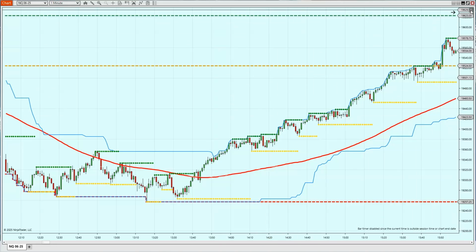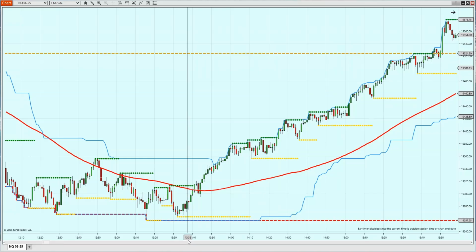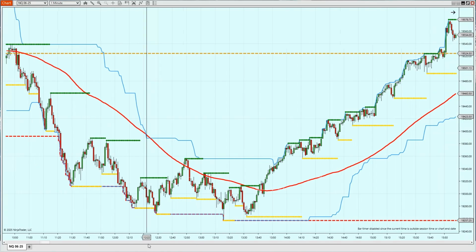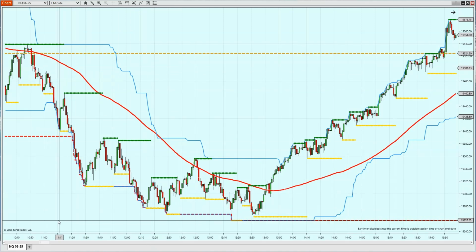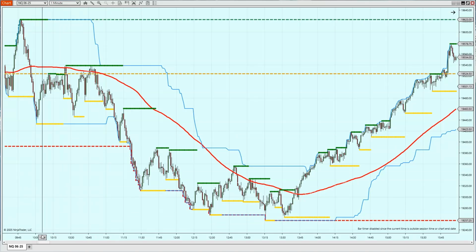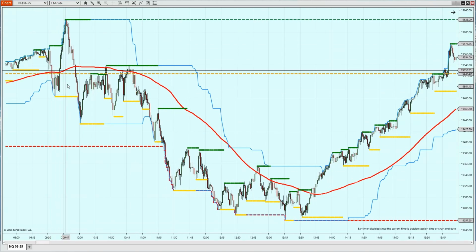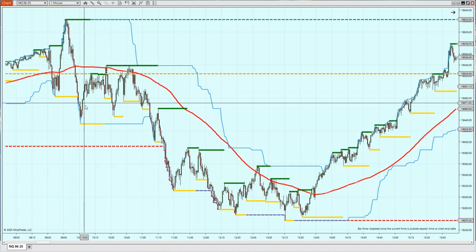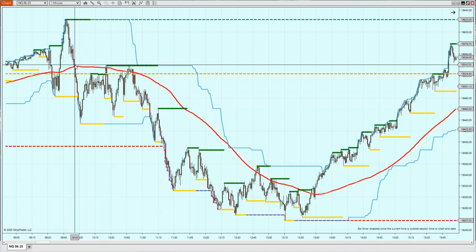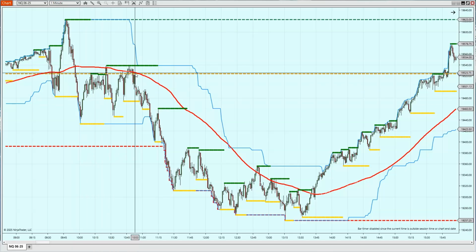So let me blow this up and show you what I mean. So here you are. The market ran. You had your open, and it did all its crazy stuff that it normally does, and then it made a determination, after 9:55 or so, that it was going to be a down day.